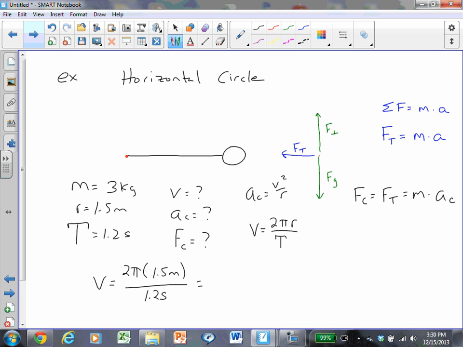So 2 times pi times 1.5 divided by 1.2 gives 7.85 meters per second. So ac would be v squared over r, or 7.85 meters per second squared over 1.5 meters.